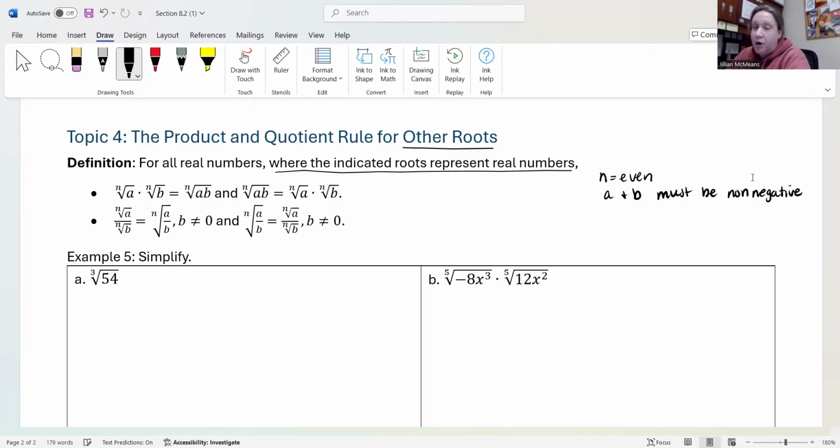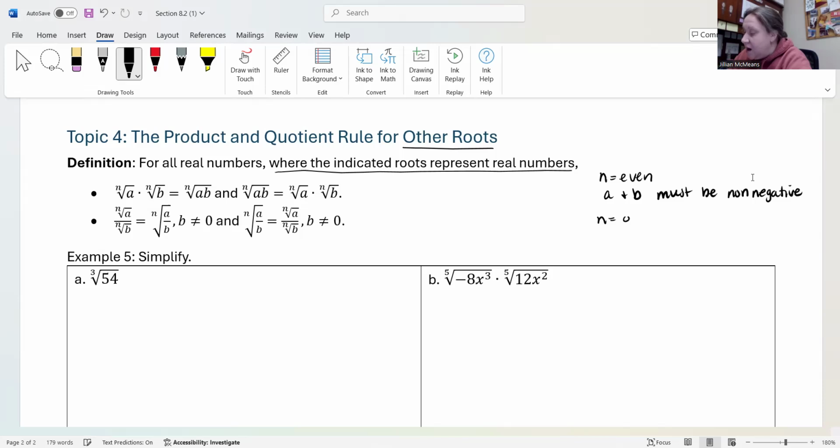So that's what they mean. For all real numbers where the indicated roots represent real numbers, well, when you have an index that's even, you can't have a negative radicand. You just can't. You can't have a negative square root. There's no way to have an even number of identical factors that have a negative product, okay? So everything has to be non-negative if n is even, okay?